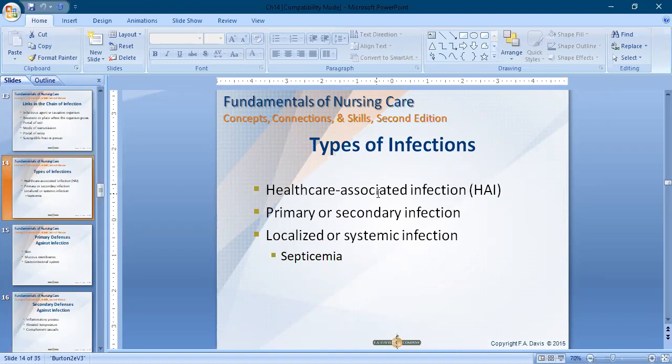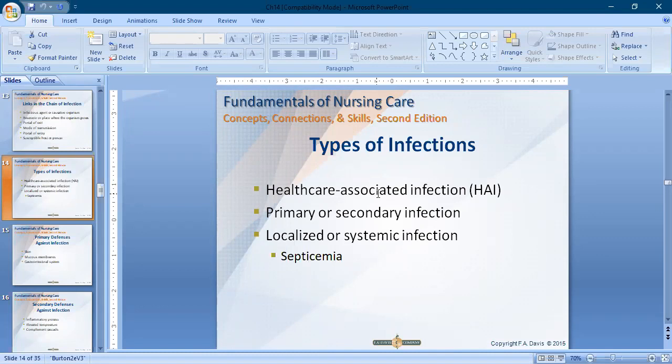Incubation. So incubation is the time from when the pathogen enters the body until the first symptom appears. Like today, I am attacked by flu, but it takes time for signs and symptoms to be produced. And this is called the incubation period.